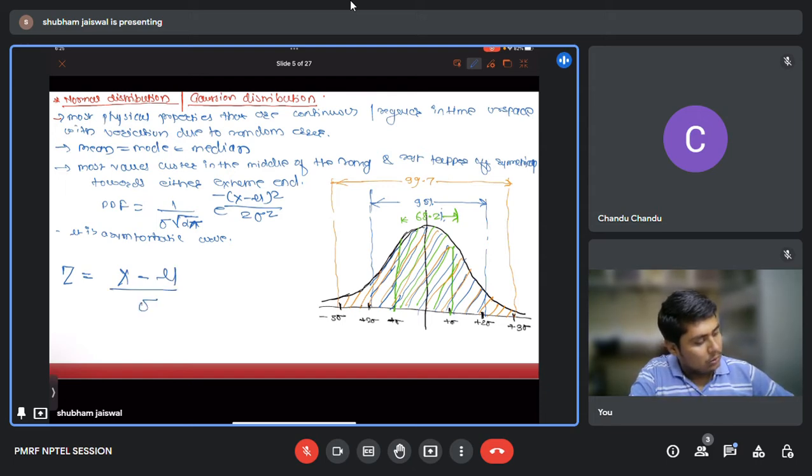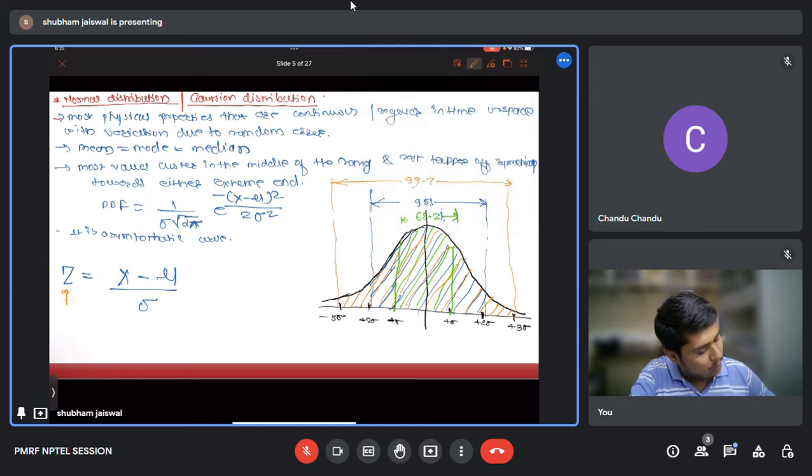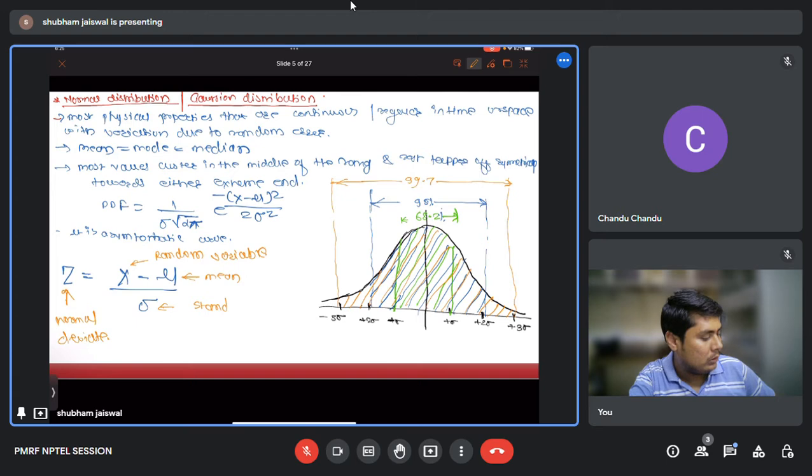Z is known as the normal deviate, x is the random variable, mu is the mean, and sigma is the standard deviation.